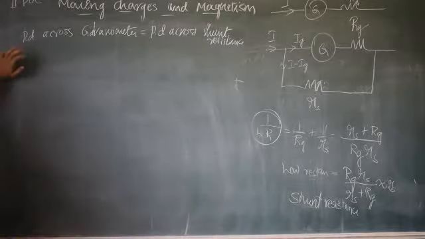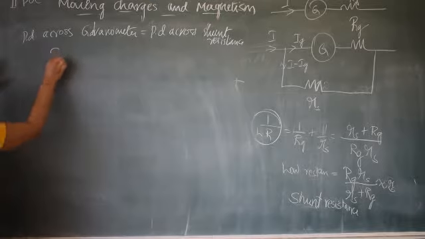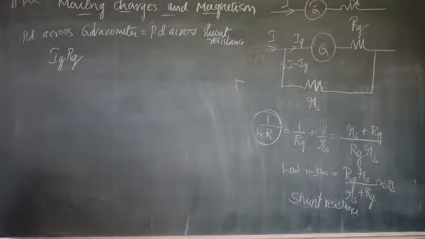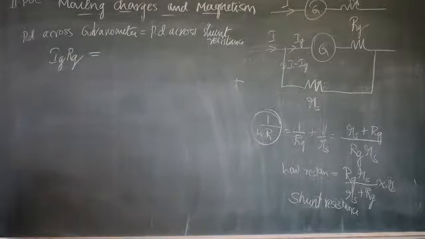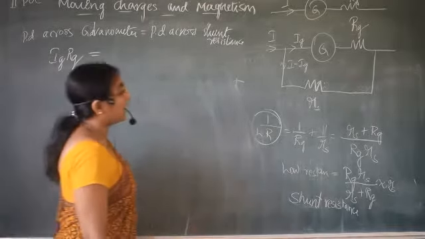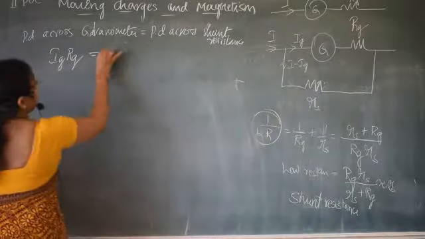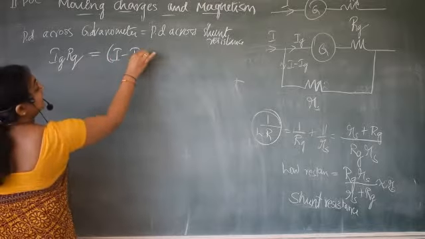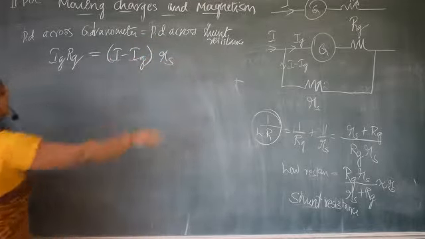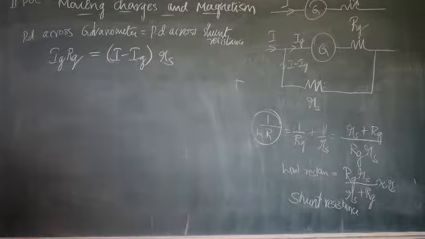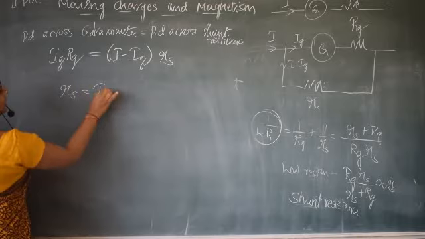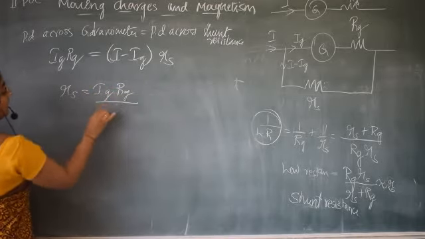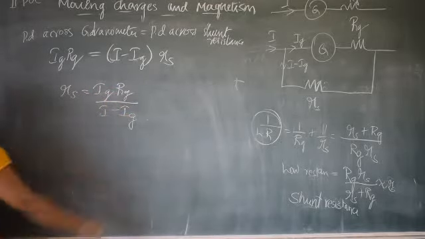Potential difference across the galvanometer is Ig Rg. This is equal to V = IR, that is, I minus Ig into Rs. Therefore, we can write Rs is equal to Ig Rg divided by I minus Ig.